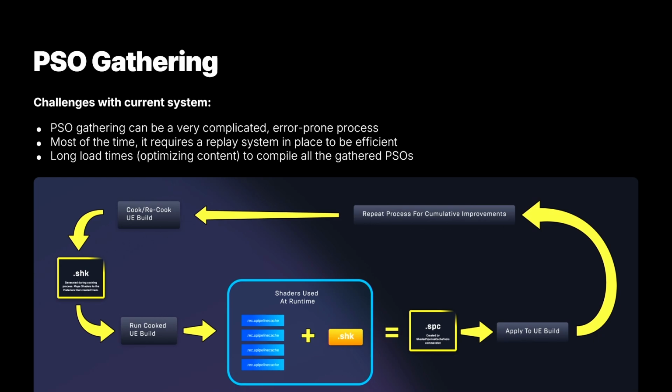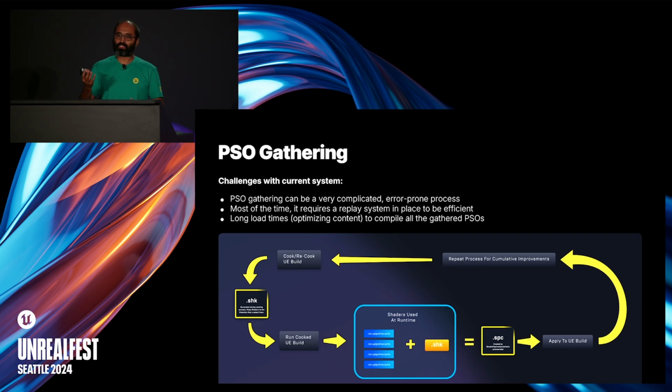What you had to do earlier was have a developer or a tester run through the game through all possible levels and gather the PSO logs. And once you have the PSO logs captured, when you're loading the game for your players, the PSO logs will be loaded and the shaders will be compiled while you're seeing that loading bar, and in Fortnite it will be called like "optimizing game."